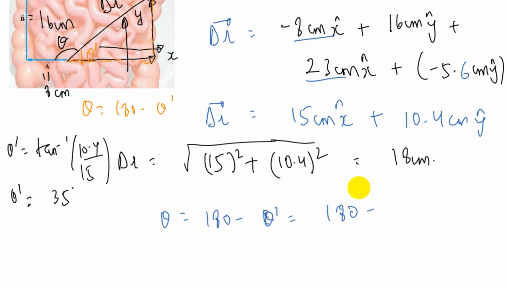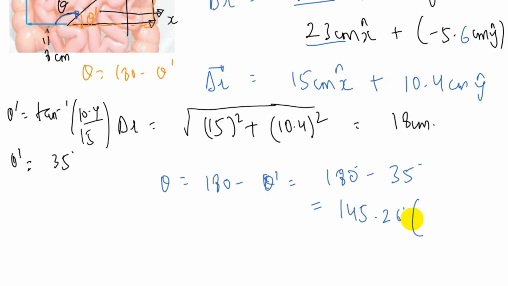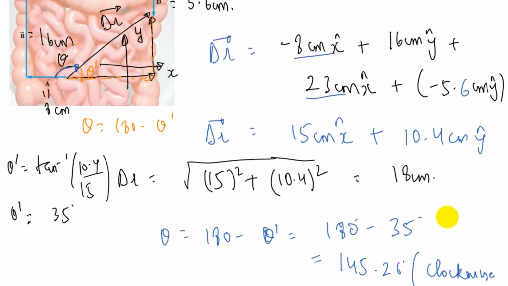So 180 minus 35 degrees is equal to 145.26 degrees. So this angle we have measured in the clockwise direction. So 145.26 degrees clockwise from vector A. We can write it here: clockwise from vector A.